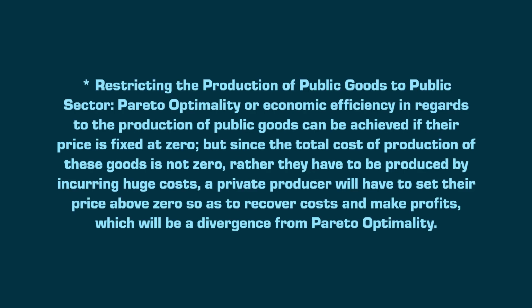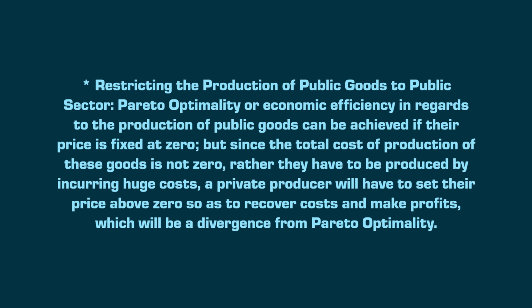Then we can restrict the production of public goods to the public sector also. Pareto optimality or economic efficiency in regards to the production of public goods can be achieved if their price is fixed at zero.